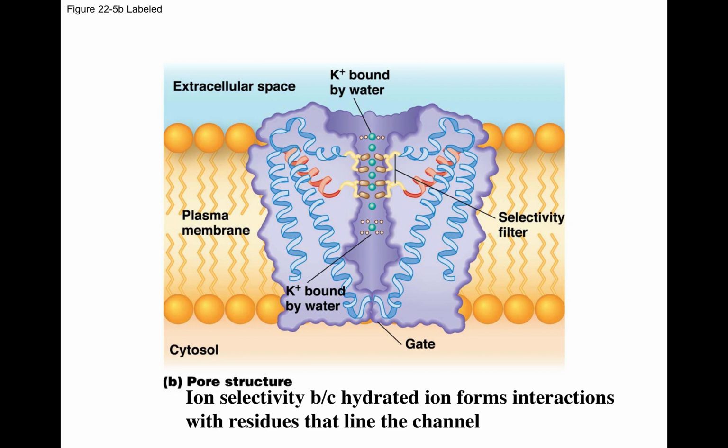And at that size, those water molecules are going to interact with the lining of a potassium channel. The amino acids in the lining of that channel are spaced just right for potassium plus its hydrated radius, its water molecules, and another ion, such as magnesium or calcium, is not the right size. And that is how a channel can be specific for a given ion.